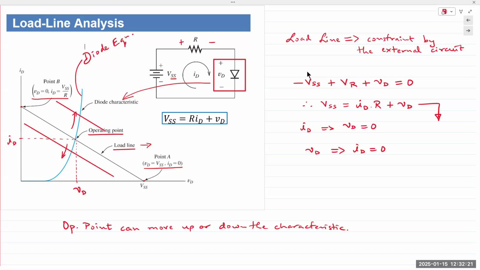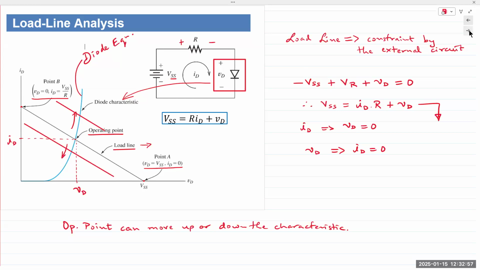Now, instead of those components, we have diodes, we have transistors, we have op amps, but the techniques still remain the same, or the goal remains the same. We want to find the voltage across that diode. We want to find the current flowing through that diode. And those are the unknown quantities. Okay. Any other questions? Okay.